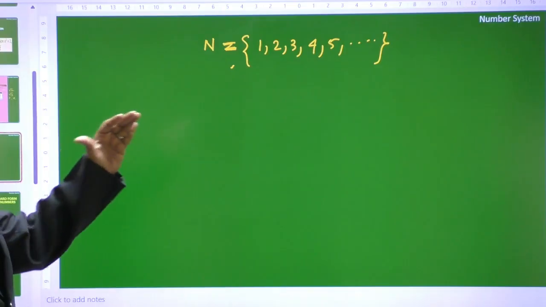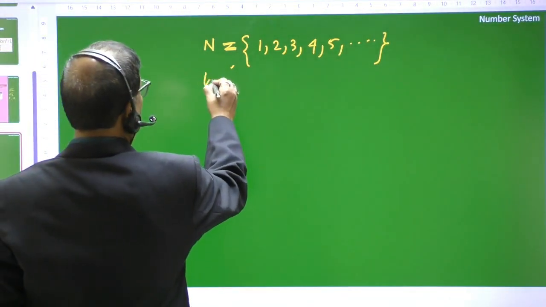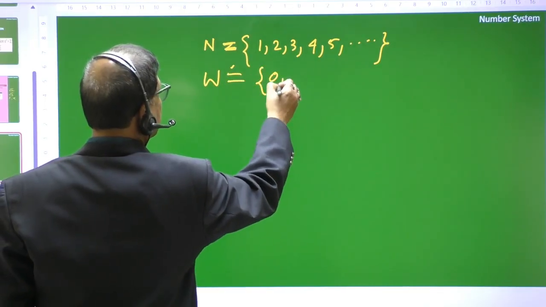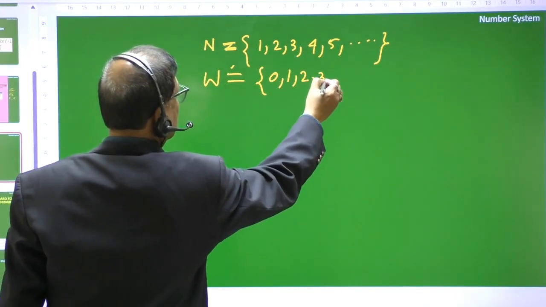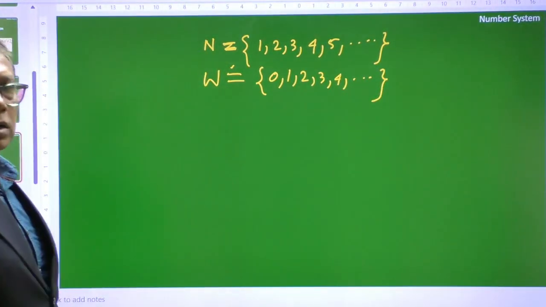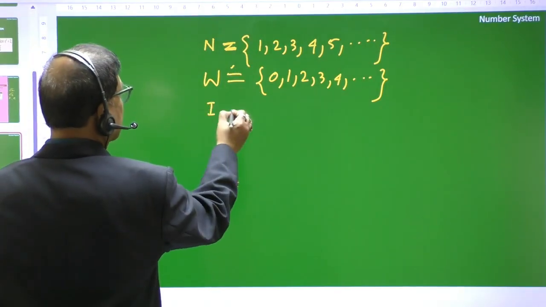First we have learned this number. Then we got whole number, adding 0 in this group. Yes? Next we got integers.